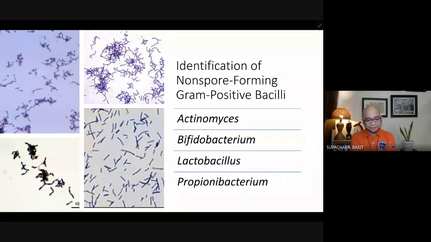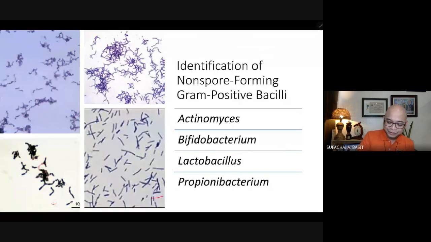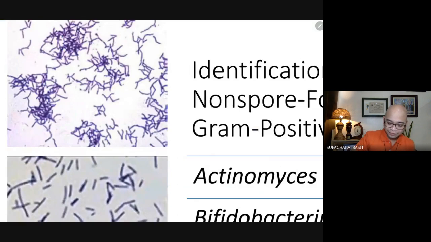So again, these are some of the organisms. Here we have the Actinomyces, Bifidobacterium that has a forked end, and then we have Lactobacillus and Propionibacterium. So the forked end of Bifidobacterium is here.